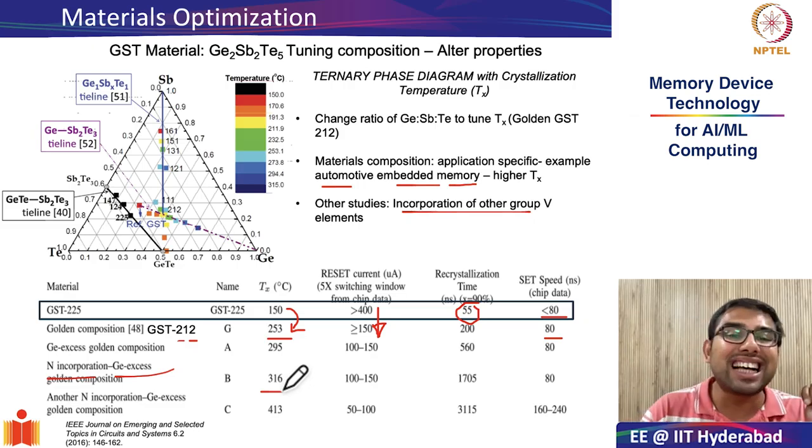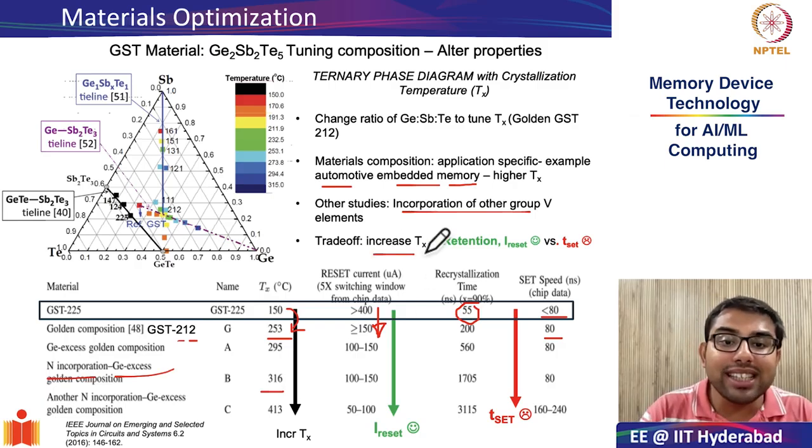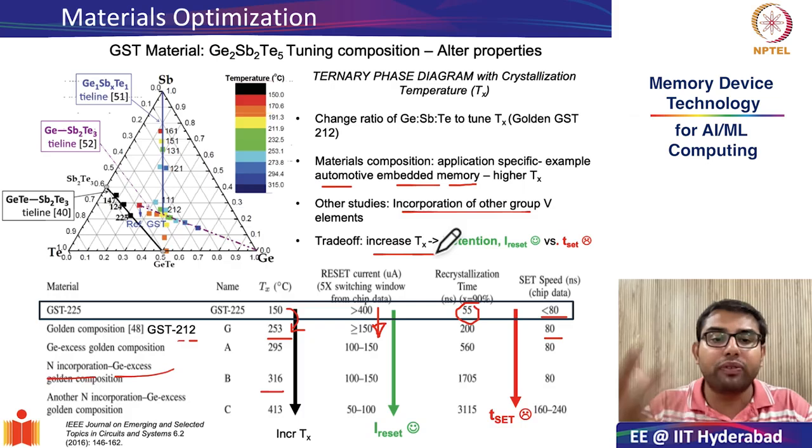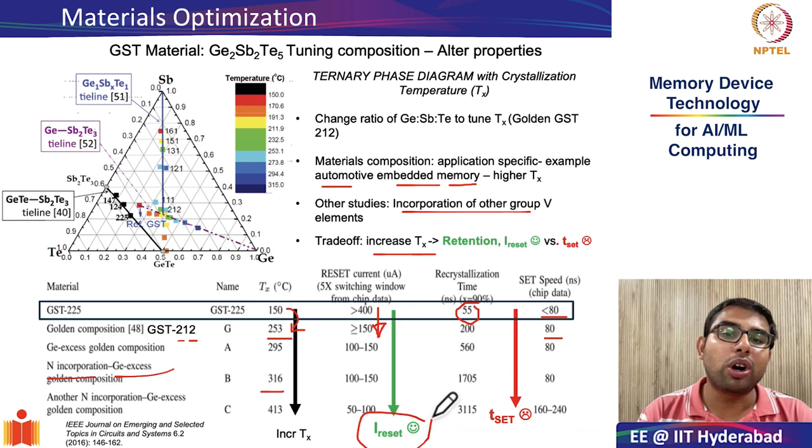But just as we discussed earlier, all these improvements in retention come by increasing the crystallization temperature. Of course, as you can see, the retention improves, the reset current also becomes lower. But what is the trade-off?